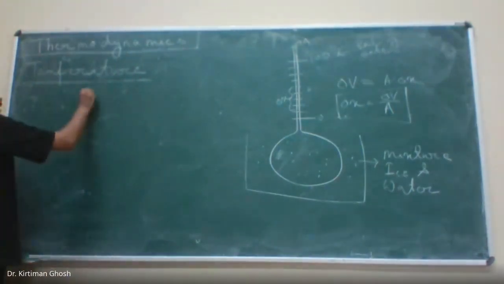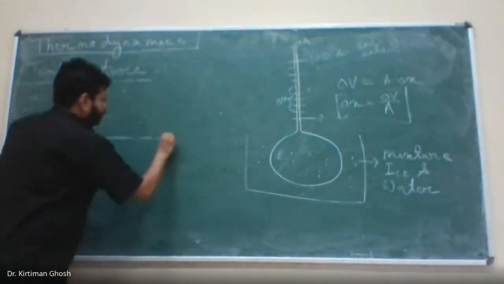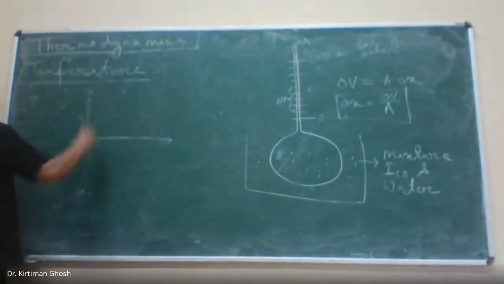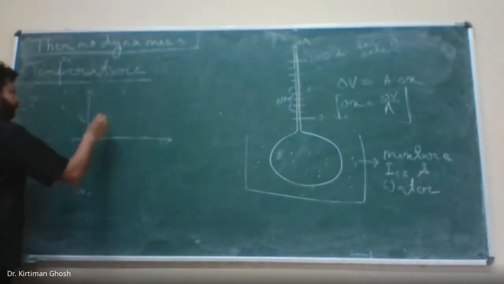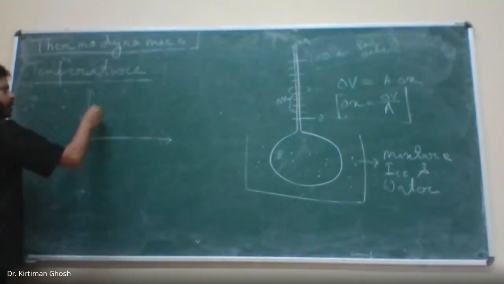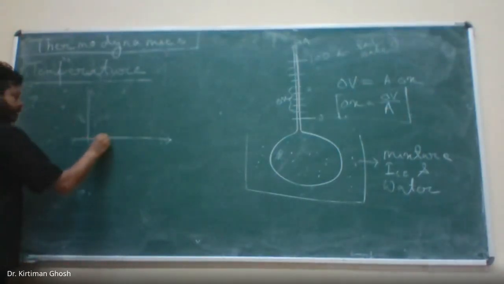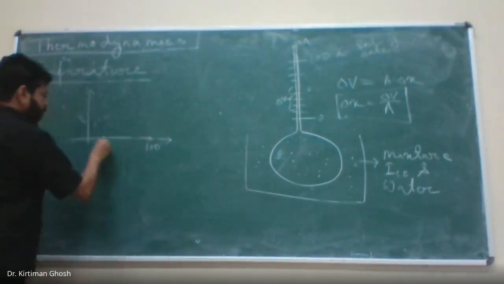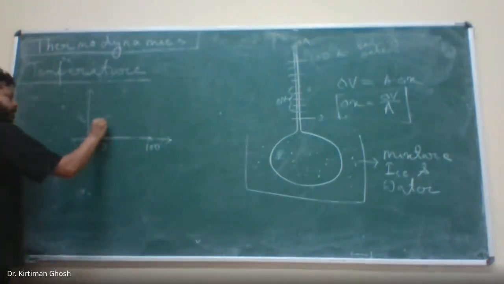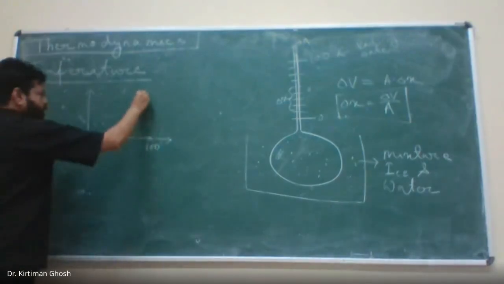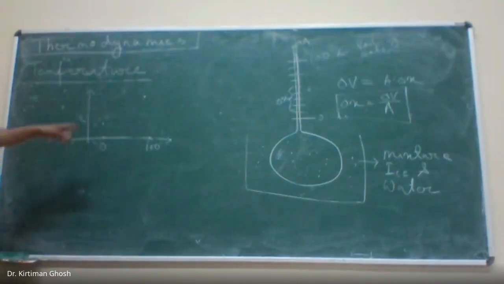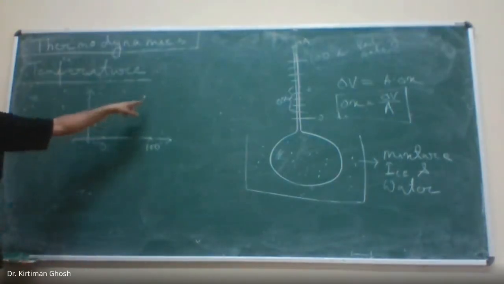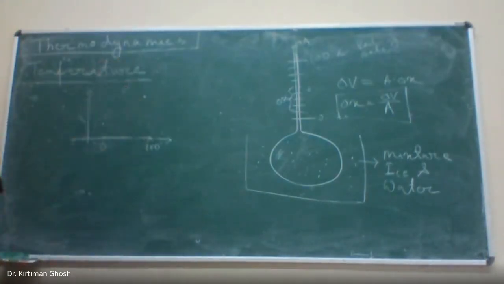But the problem is, if we have two different kinds of thermometer, say this is the height, and this is my temperature 0 and this is my temperature 100, the boiling point. These 2 points have been calibrated for two different liquids.